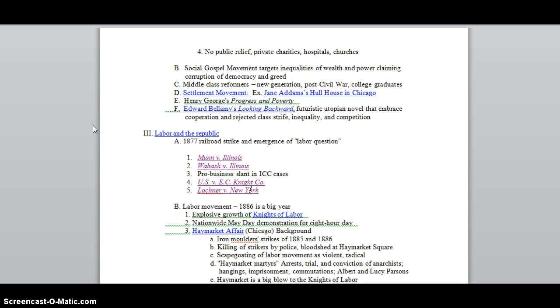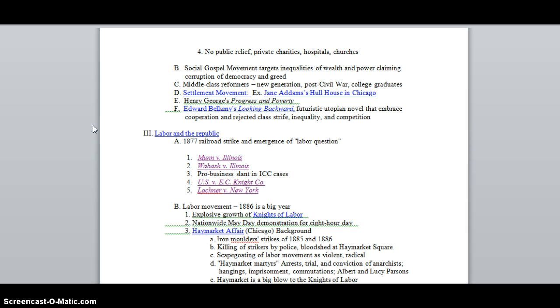And so as the number of poor just explode during this period, society realizes that there is not enough benevolence and charities, benevolent societies and charities to help meet the needs of those who need it. And the progressive era will work to try to right some of those injustices.